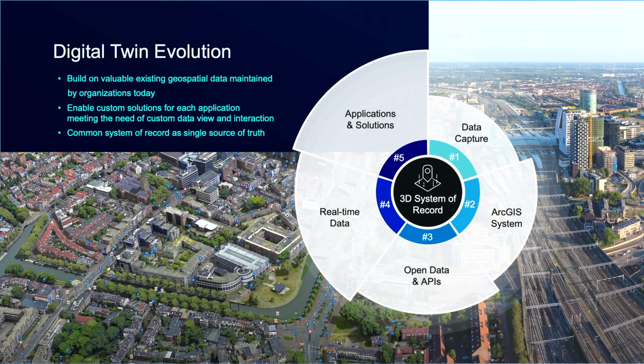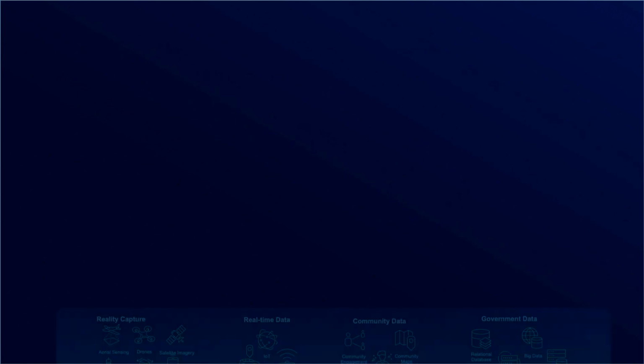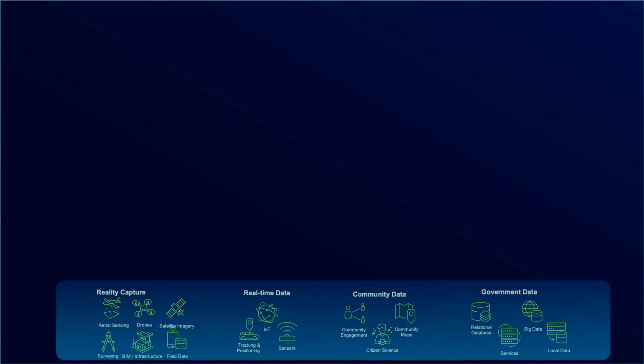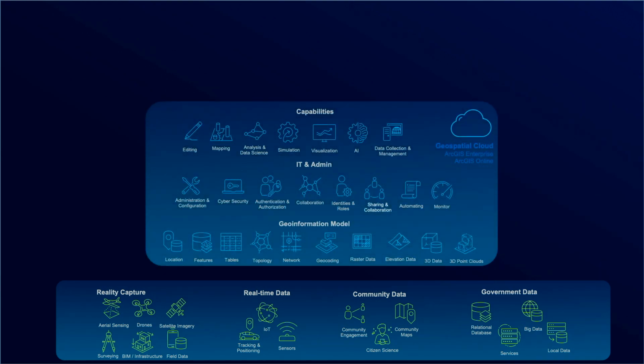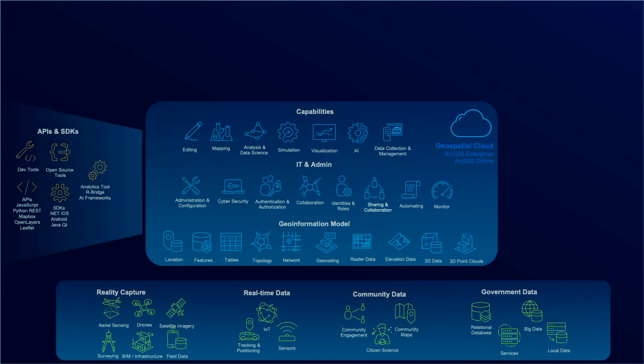Again, my beloved circle. But when you look at it from a different perspective, just from an ecosystem, you have the data, right? Different data types you're dealing with. You have the ArcGIS system, right? Even when you look at it not reading it, you see there's a lot of stuff already there which we provide throughout the ArcGIS system. Then you have the APIs and SDKs.